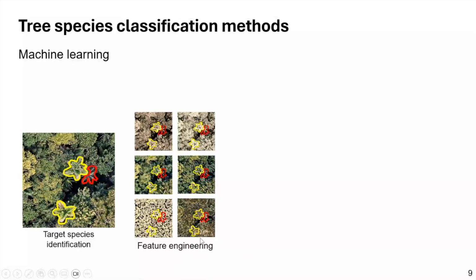So we perform a set of, for example, texture, a set of filters, segmentation methods to extract the main features that can be used to discriminate the species. And then we use these features to train a classification model. And here we are dealing with pixel-wise classifications. So we would like to incorporate as much information as we can to train the model.